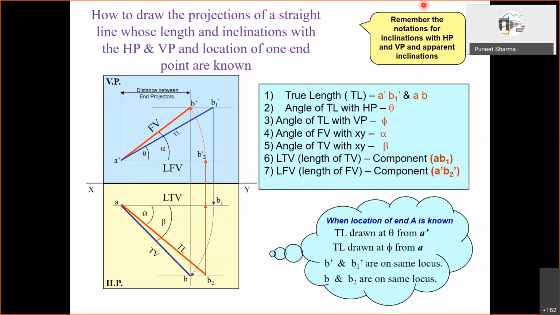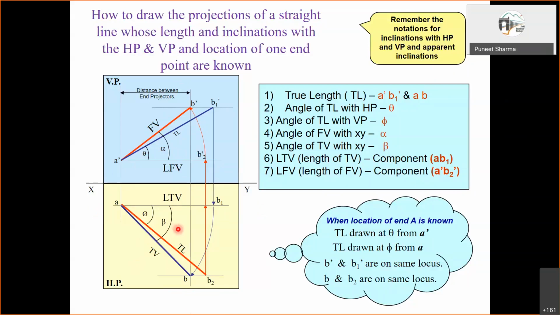How did we get alpha and how did we get beta? Some people are asking that. We got it once we obtained the final position of B dash, and B here. As we obtain this, we join B dash and A dash and we get the front view. The angle of the front view with the XY line is referred to as alpha. Likewise, the angle of the top view with the XY line is referred to as beta.